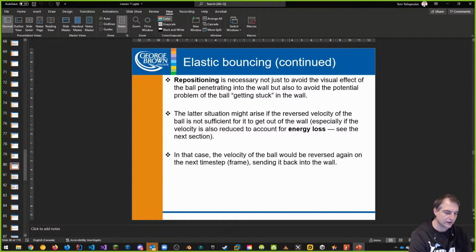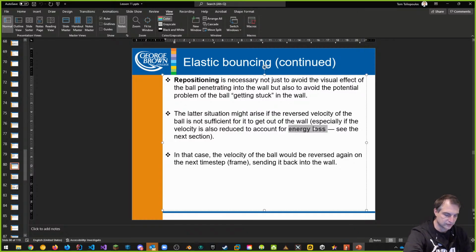And by the way, we're going to get into this idea of energy loss later on, where we say, every time you hit the wall, you lose a little bit of energy. If we say that, then it's not a perfectly elastic collision. It's not an elastic collision at all, right? It's an inelastic collision, because you're losing energy.